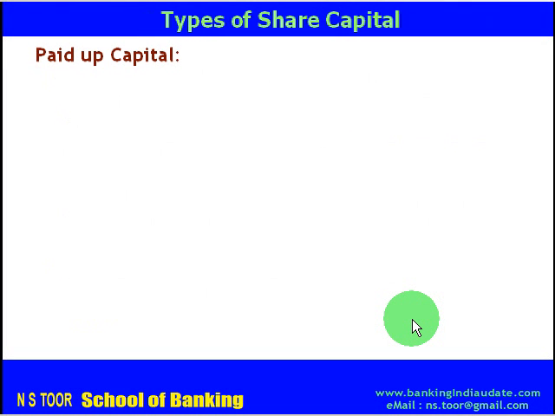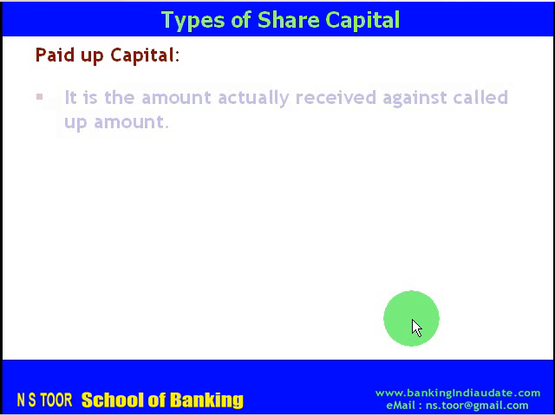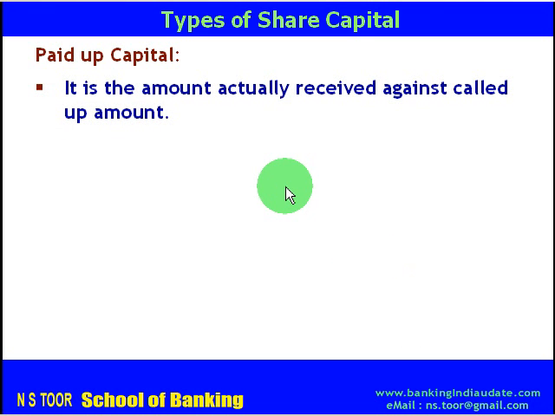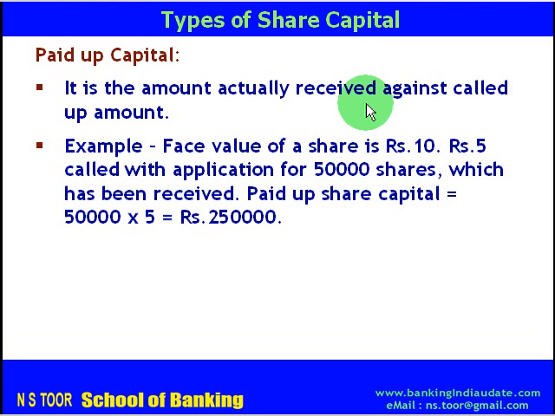Now the last term is paid up capital. Paid up capital is the actual amount received by the company against the called up amount. For example, face value of the share is rupees 10. Rupees 5 is called up with application for 50,000 shares, which has been received by the company.